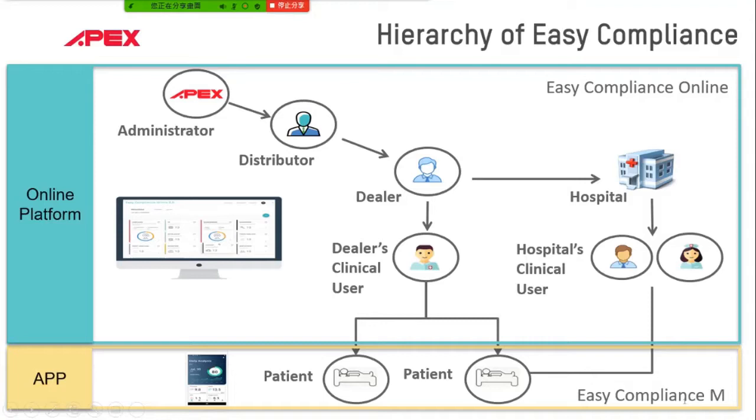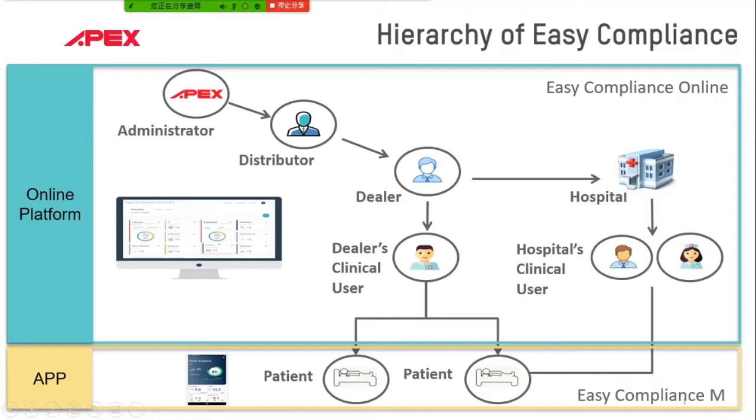At the same time, the dealers can also create their own clinical users, and these clinical users can create their own patients, or the dealers' clinical users or the DME clinical users can create patients that can be monitored by hospital clinical users. And from the perspective of patients, they can use their app to track their performance as well.